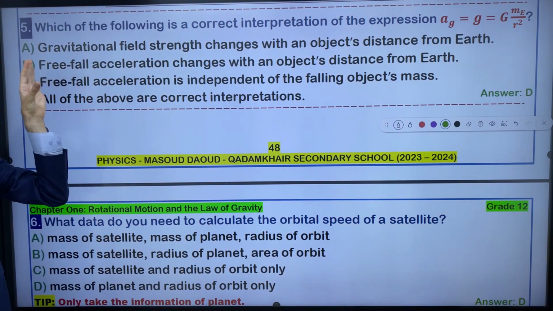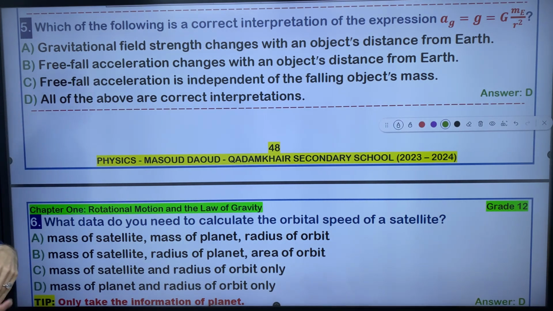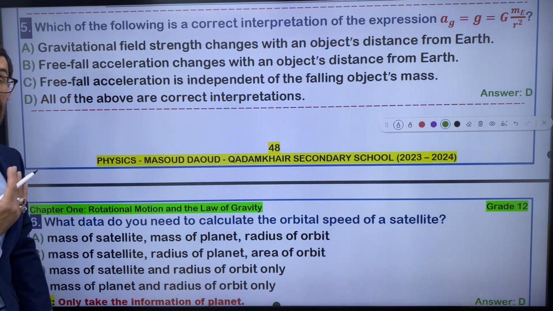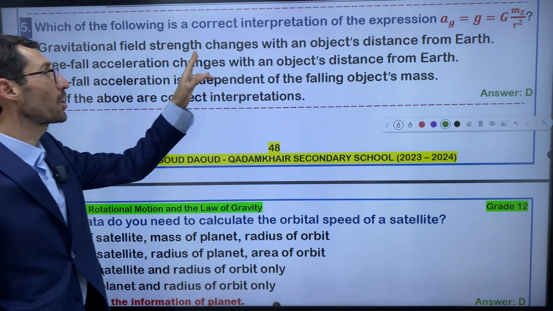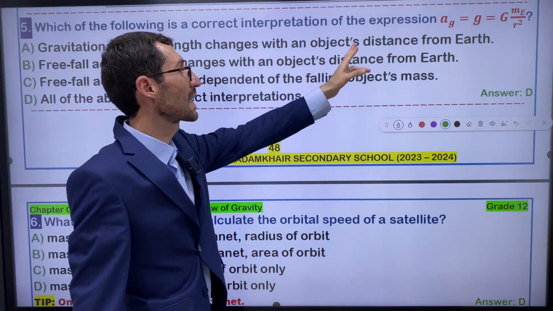So let's read the options to get the correct interpretation for this equation. It says A, gravitational field strength changes with an object's distance from Earth.